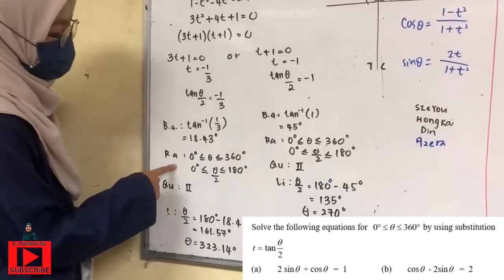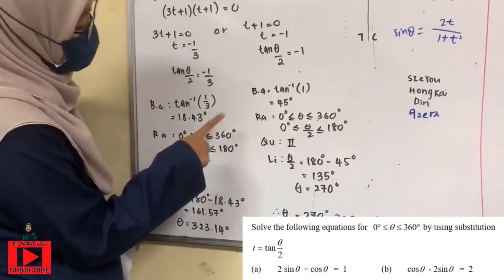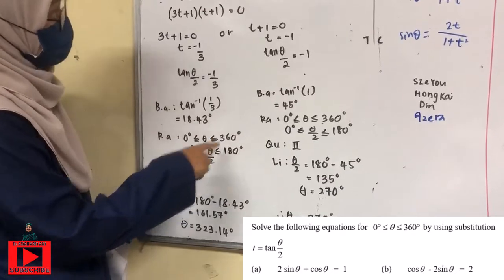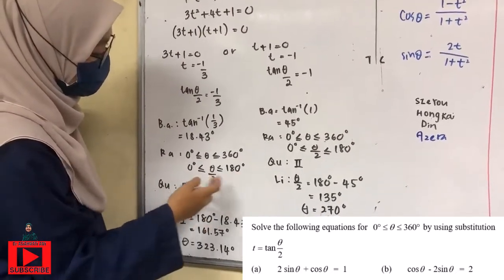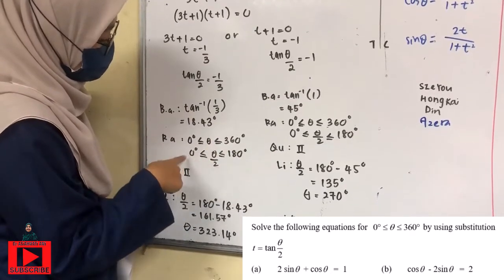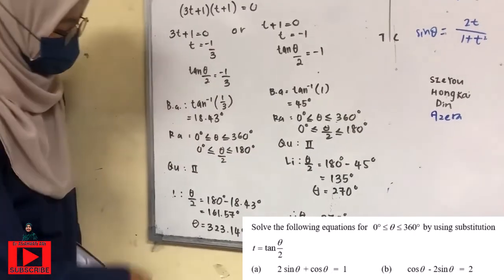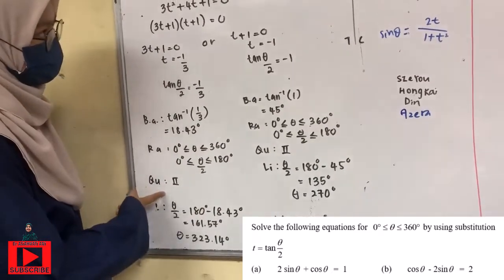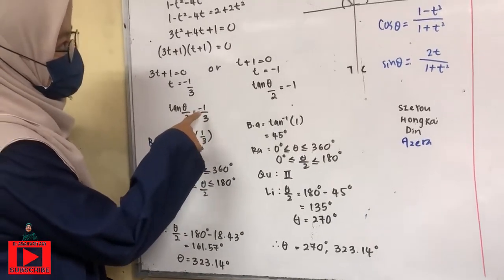Then range given is 0 until 360 degree, but the theta is theta over 2, so we divide both sides with 2, so dia jadi 0 until 180 degree. So quadrant dia is second quadrant sebab dia punya tangent ni ialah negatif.